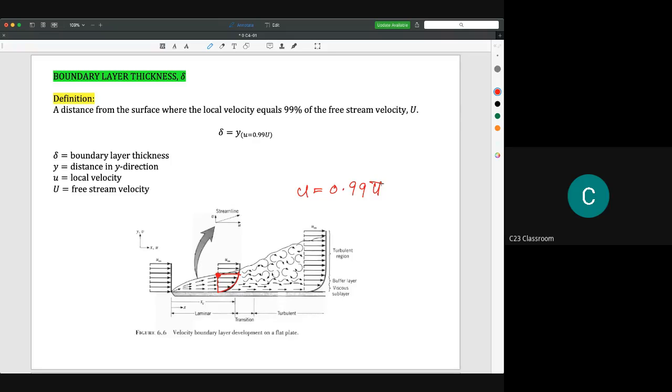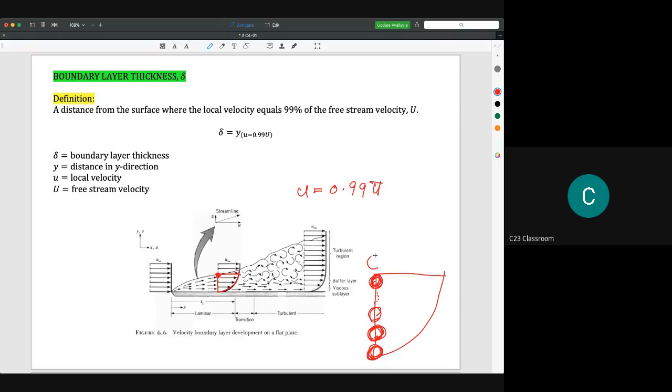Let's say we have a velocity distribution here. Because we have a no-slip condition, the velocity is 0, and then the velocity starts to increase slowly. Maybe this is 10%, 20%, 30%, and finally we will get 99% here.